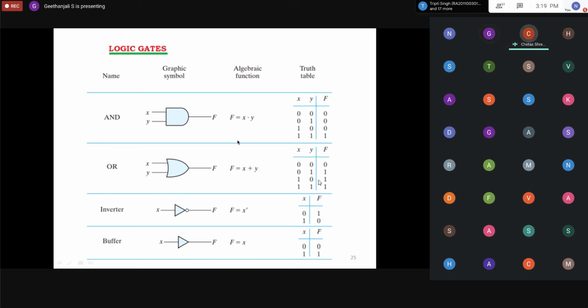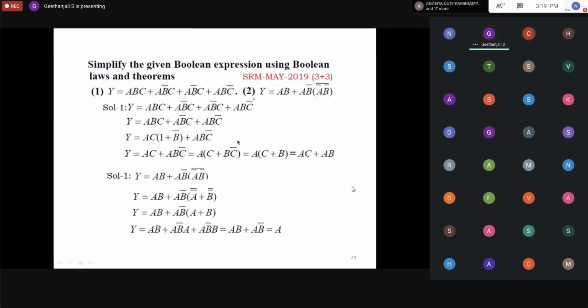Ma'am, in the last slide, I have a doubt. In the last slide, after solution one, in the fourth step, C plus B C dash. After that, where did that C dash go?